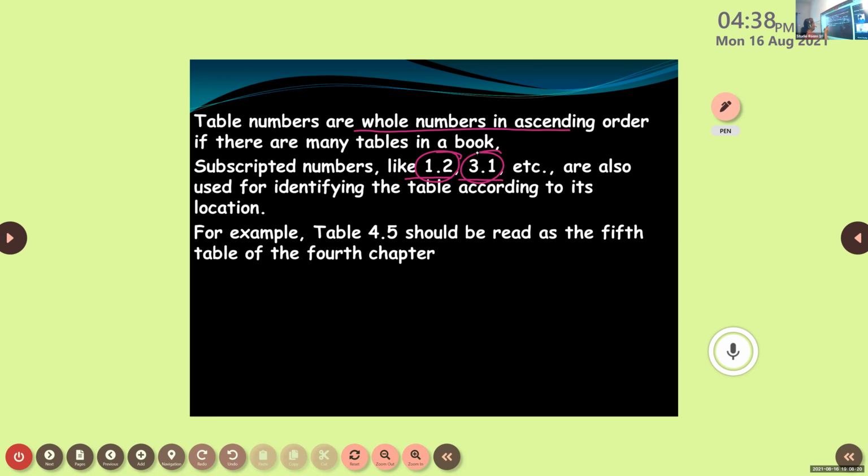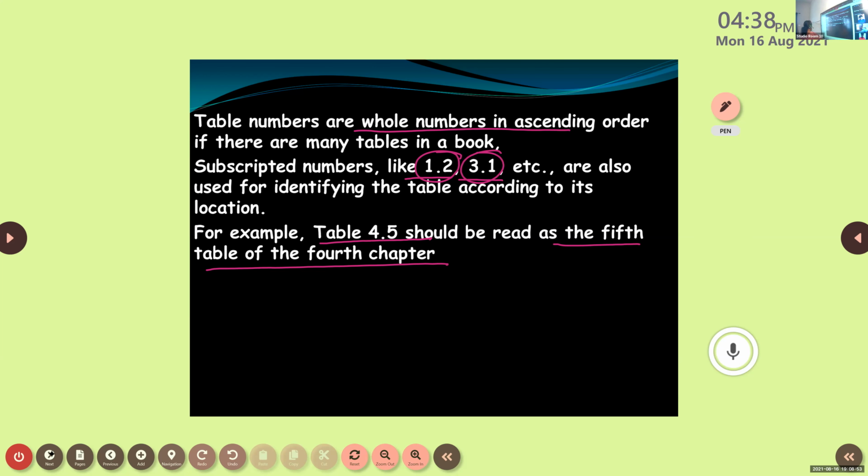It's not that numbers alone we are giving; after one number, you can see another number is used along with it. By using this, we can easily identify the tables. For example, in your textbook they have given table 4.5. How should you read that? It is the fifth table of the fourth chapter. So for identification purposes, we use this kind of table numbers.